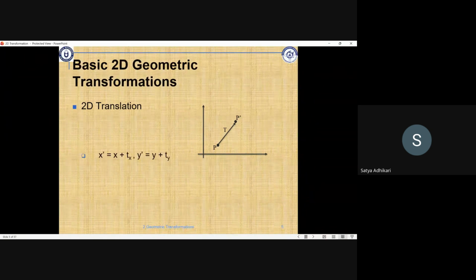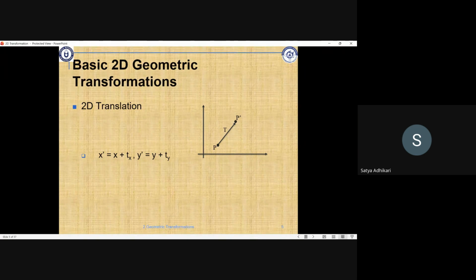Let xy be the position of P, and x dash and y dash be the position of P dash. That is, I want to change the location from P xy to x dash y dash. In order to achieve that, I have to add tx and ty, the translation factors, to x and y to get x dash and y dash.